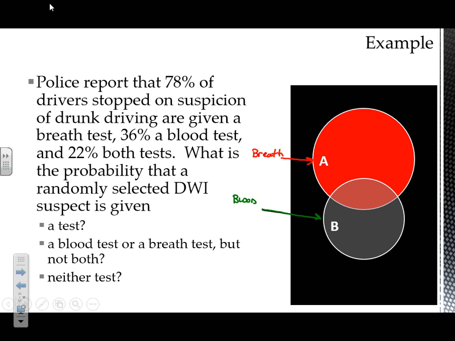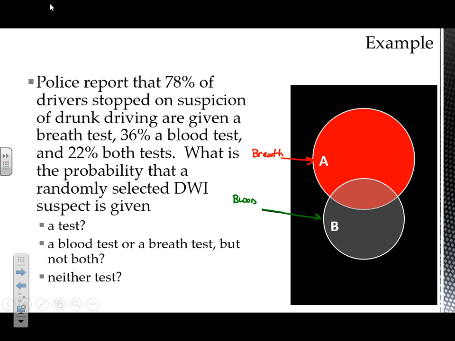Okay? So when we go to fill in our Venn diagram here, we know that within event A, so the breath test, this whole circle has to account for 78%. So within that circle, we have 78% of our outcomes. Within circle B, we have 36% of all of our outcomes.